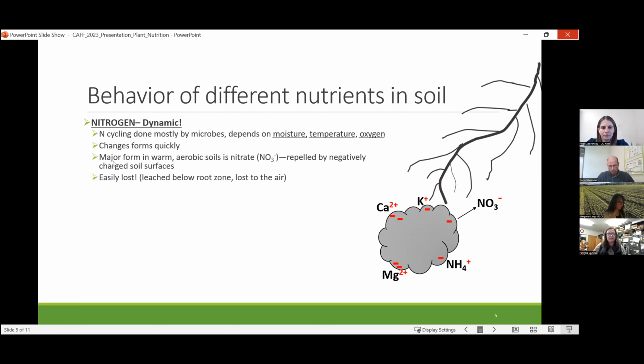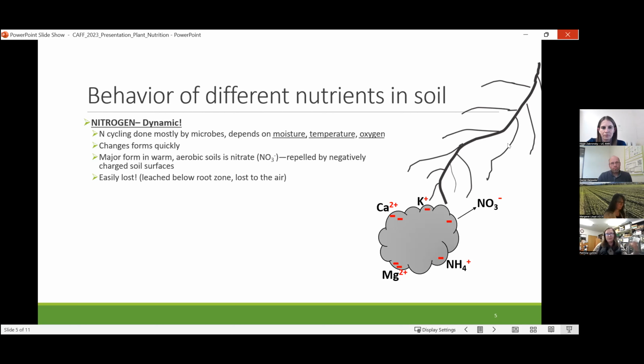And the major form in warm aerobic soils, so Central Valley soils in summer, is going to be nitrate. And notice the negative charge on there. This is important because the surfaces of clay particles in the soil, which makes up most of the soil surface, are also negatively charged. So these are going to repel each other. This means that nitrate is not held on the soil surfaces, it's going to be in the soil solution. So this makes it really mobile.